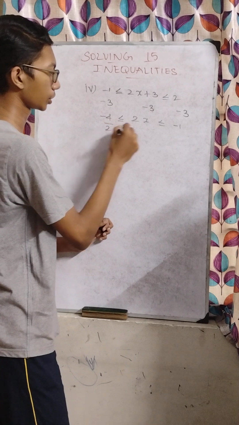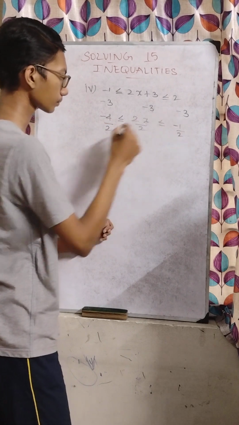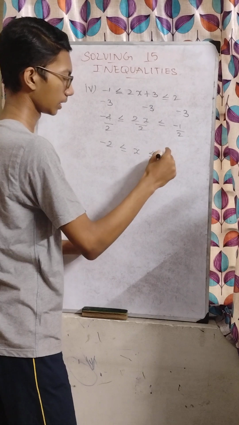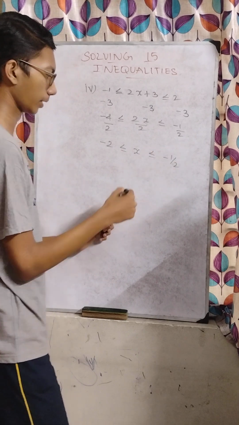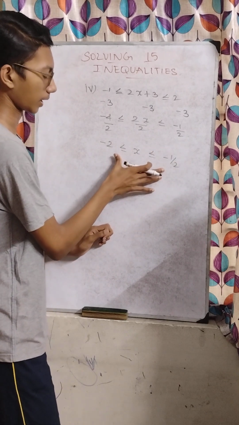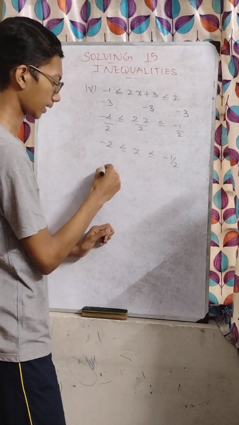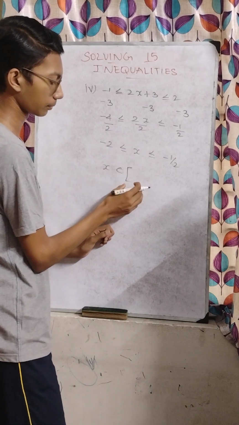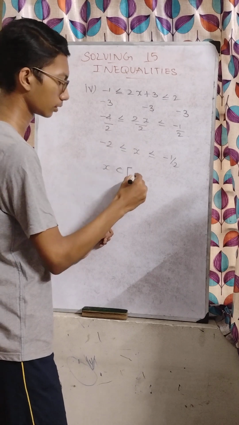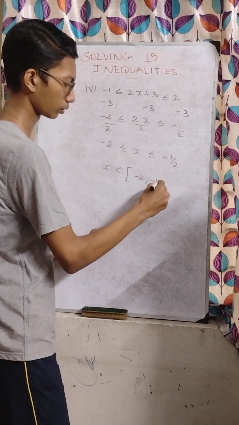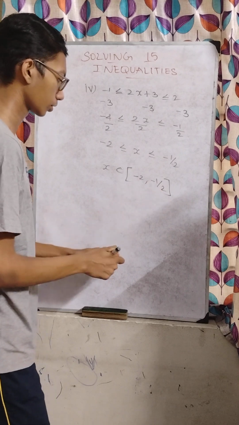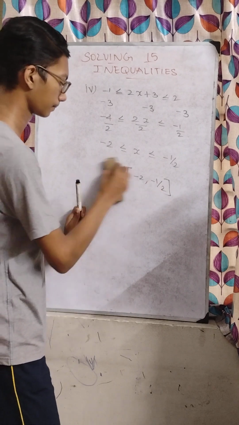Now divide all of these by 2. We have negative 2 less than or equal to x less than or equal to minus 1 by 2. We can write this as x belongs to, where the bracket means this value is included, negative 2 to negative half. So this is the fourth question.